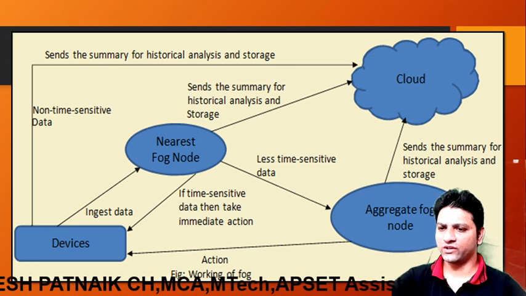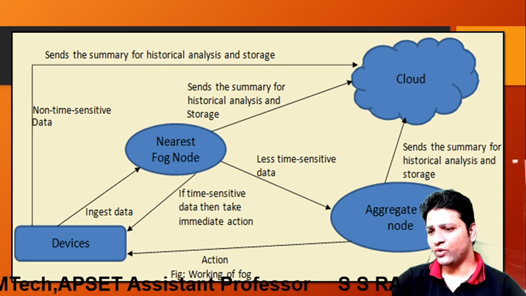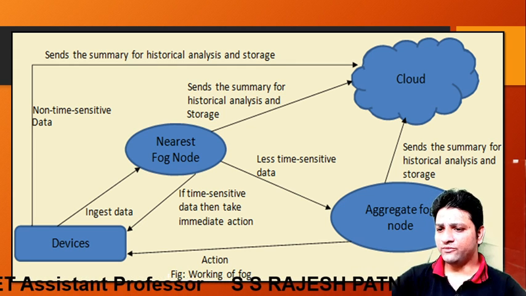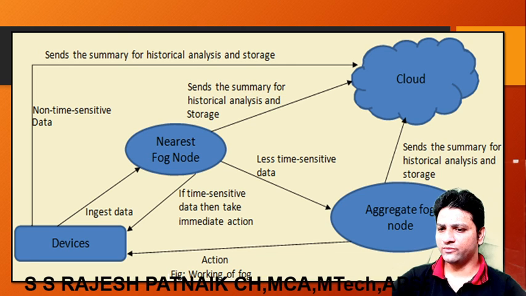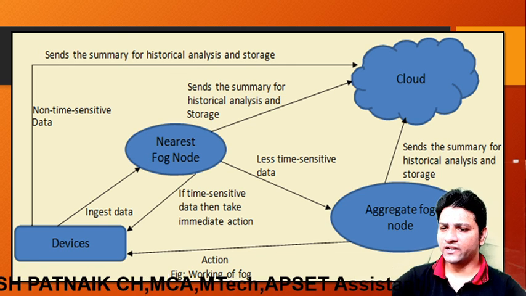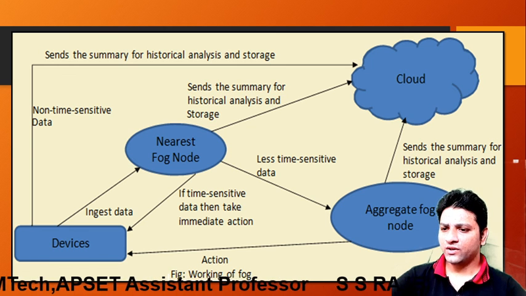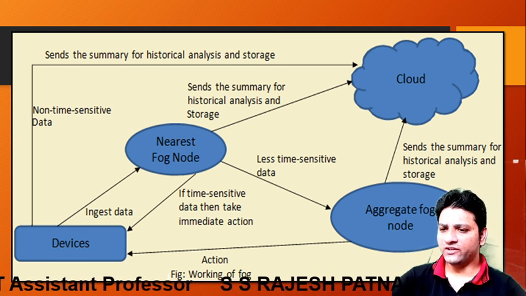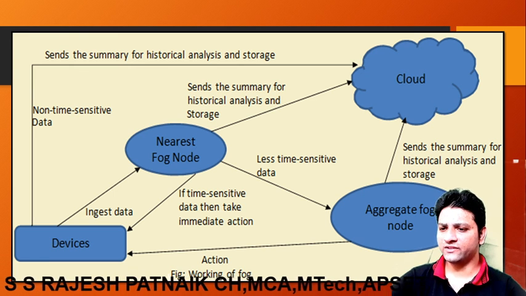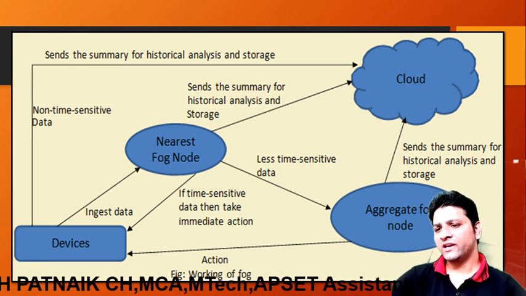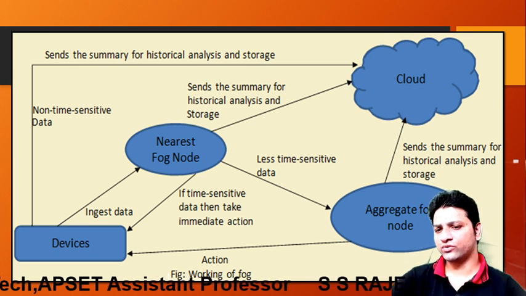I am telling how it works. At the nearest fog node, if it is very time sensitive data, then it takes immediate action on the data. If it is less time sensitive data, it will go to the aggregate fog node.